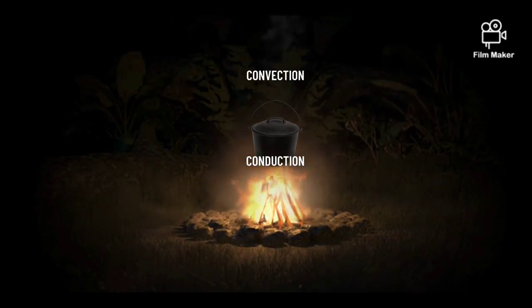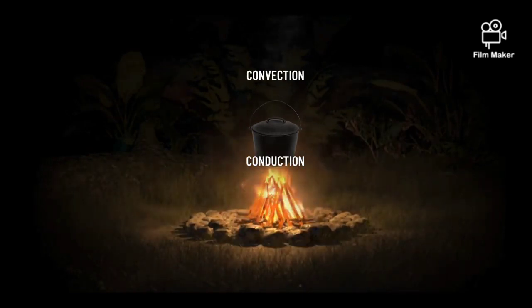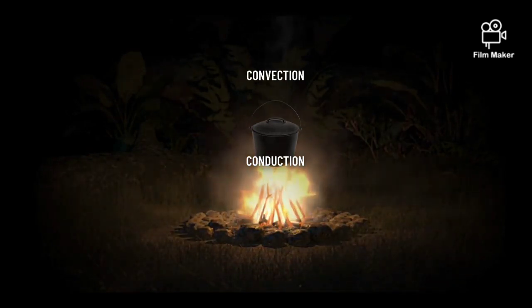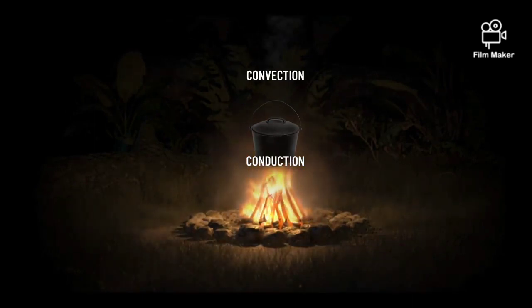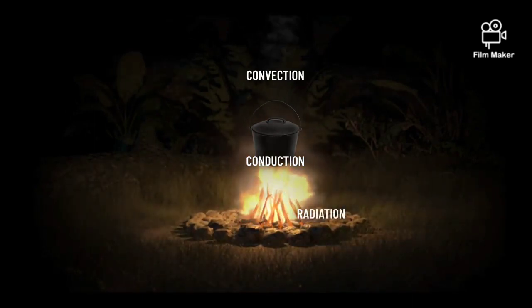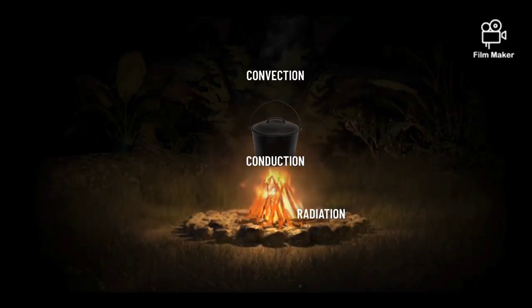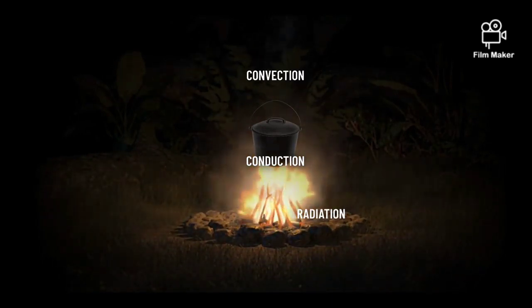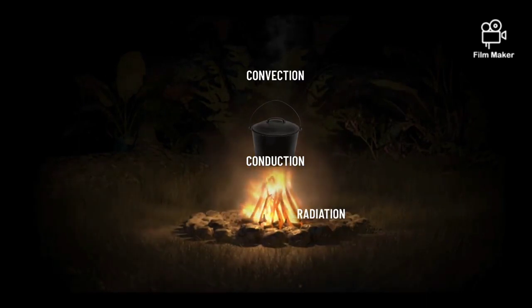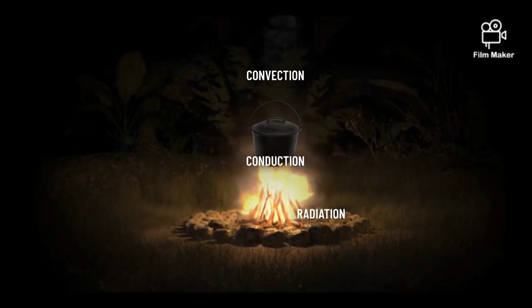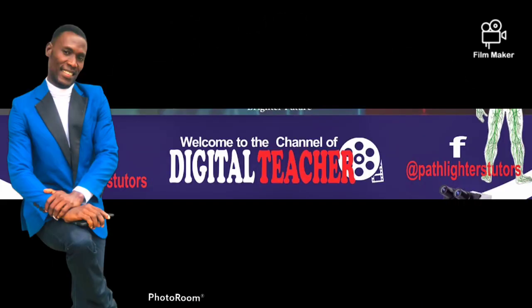Additionally, there is convection as heat from the boiling water and the flame itself is rising up as a result of density differences. And finally, there is radiation occurring all around the campfire as energy travels away from the flame in the form of electromagnetic waves. And that is all three types of heat transfer taking place at once.